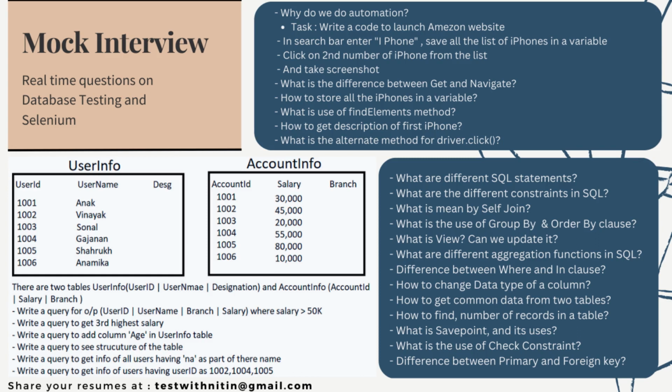In the POM class, we save all the element locators, and we declare them as private, initialize them in the constructor, and use them in methods.